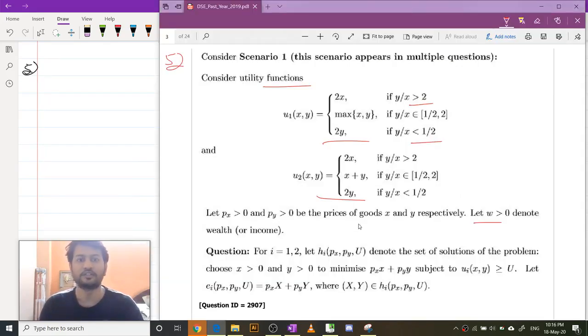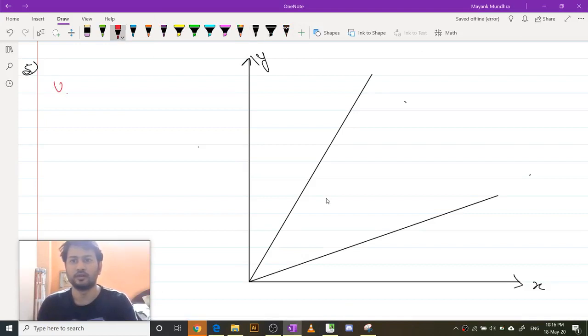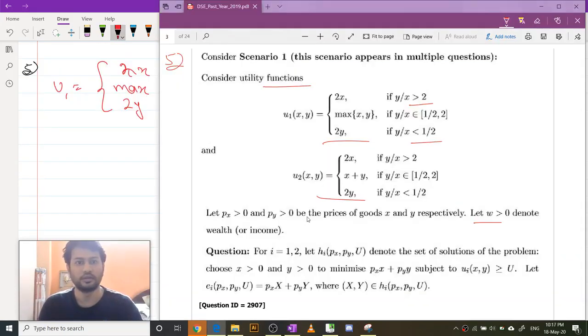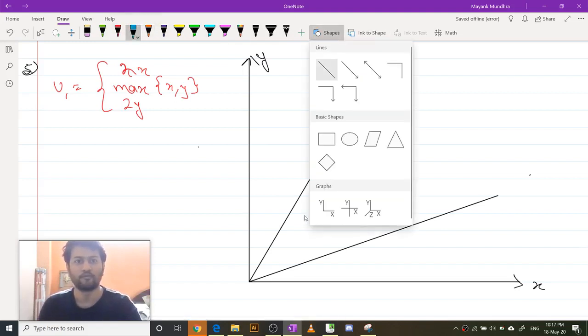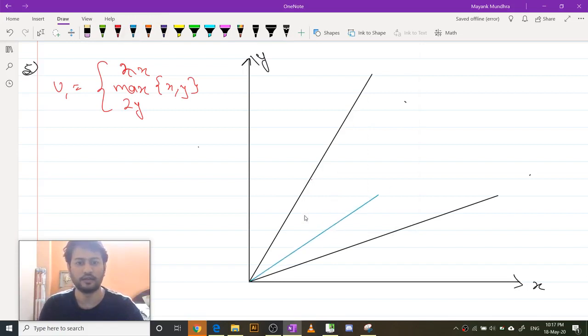Now utility of agent 1 is 2x, 2y and max. So utility of agent 1 is the max of 2x and 2y. I know the max function basically looks like this. For the max function I'll also need to draw one more line, my x equals y line.